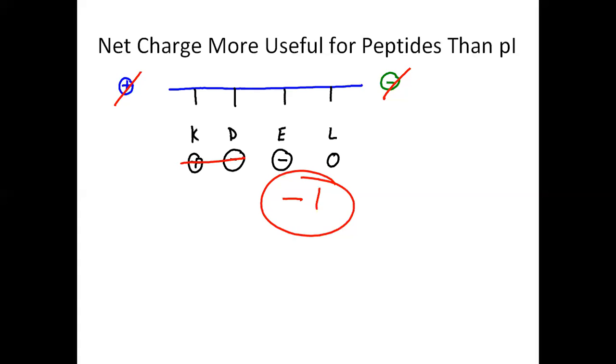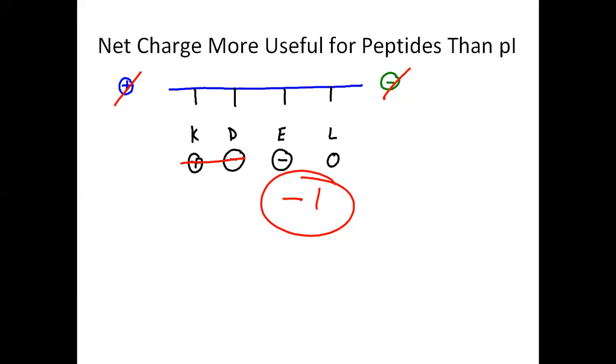The amino and carboxy termini are always going to cancel each other out, so I've drawn a hash mark through those charges. In this case, the positive and negative of K and D cancel each other out, and the net charge of this peptide at physiological pH is -1.